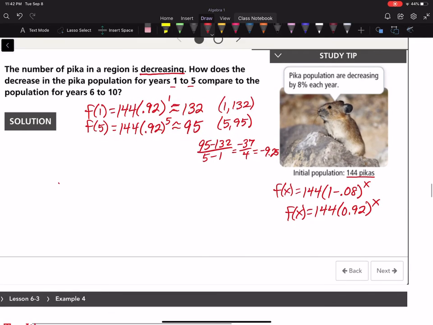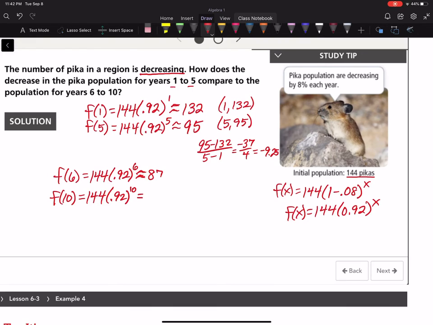So we do the same thing for years 6 to 10. So we're going to find f of 6 and f of 10. So 144 times 0.92 to the 6th power, and 144 times 0.92 to the 10th power. So if we go to the 6th power, we'll realize that that is about 87. Again, that's an estimate. That's not exact. We're rounding there.